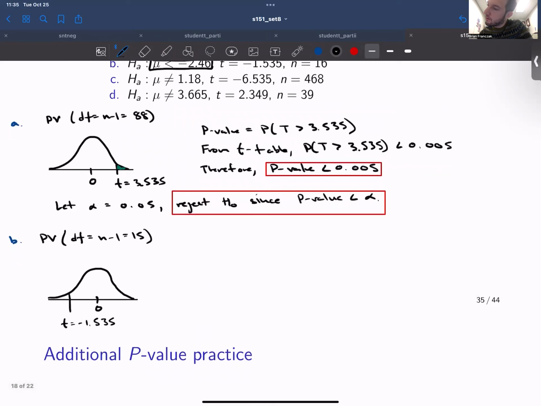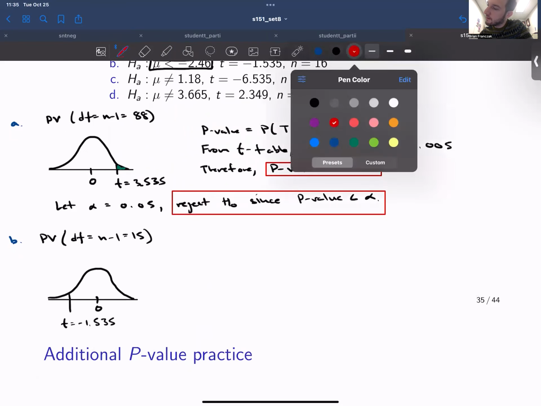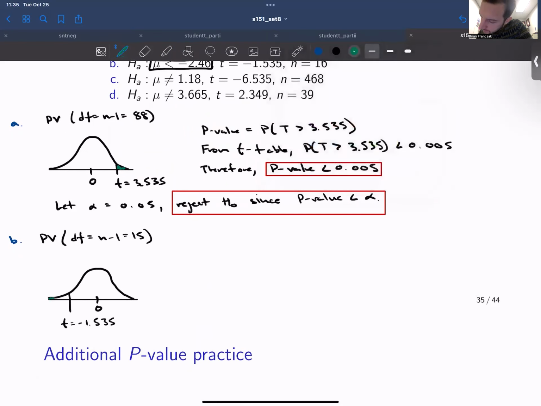Now what we want here is this area to the left, because it's a lower tail test. So the p-value is equal to the probability that t is less than negative 1.535.